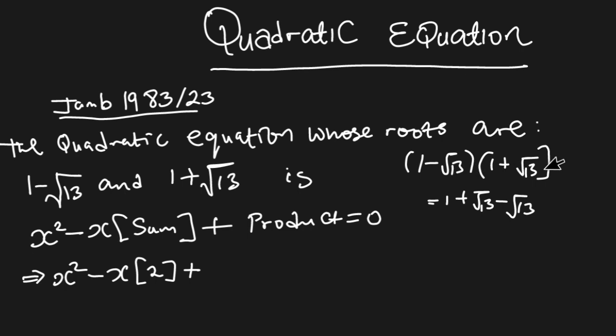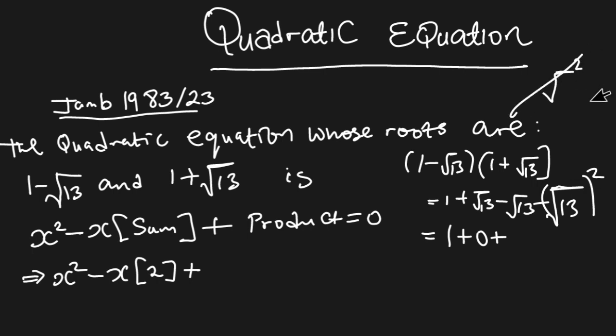root 13, minus root 13 times root 13 will give you, first we take the sign, minus times plus will give you minus, right? Then this is the square of the root. So this is equal to 1. Now root 13 minus root 13 is equal to 0, so there is nothing here. Plus. Now always note that anywhere you see a square and a square root, they always cancel.